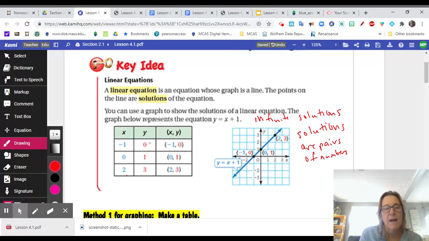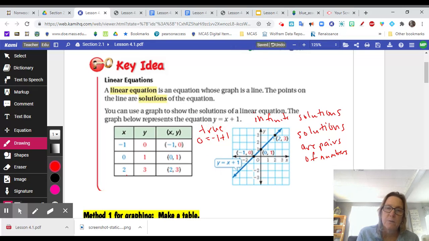Once they have their input-output pair, they wrote it as coordinates, x and y. This is one possible solution to this equation because this makes this true. If I plug in this for x and this for y, I get an equation that is true. And that's all a solution ever is.